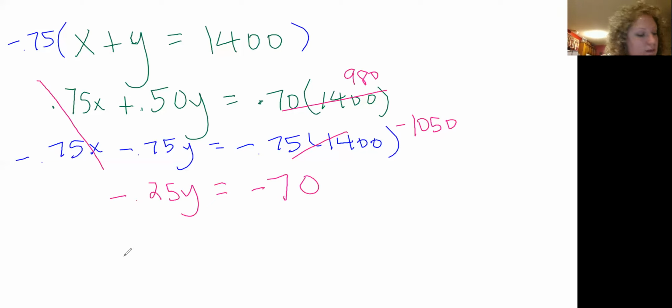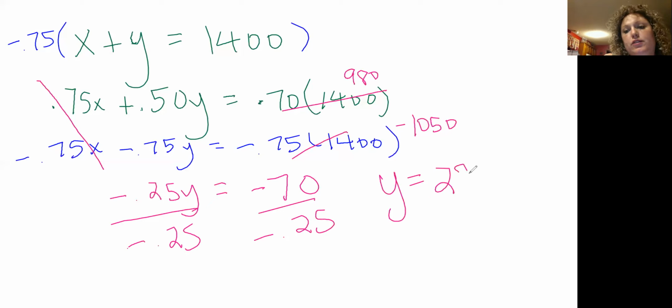And then when we divide that by negative 0.25, y ends up being 280.